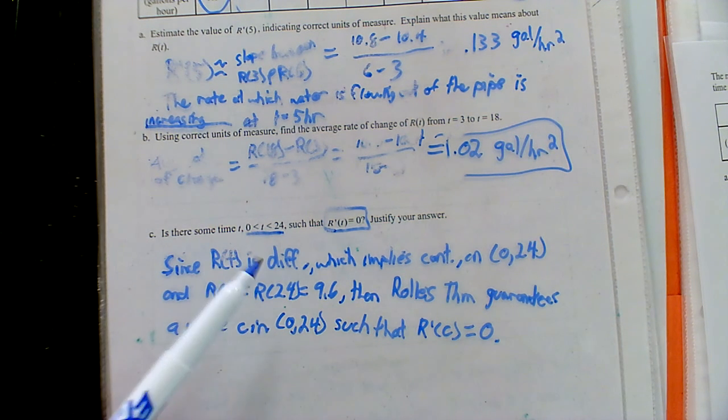We knew it was differentiable, that implied continuity. The endpoints were the same. So by Rolle's theorem, we were guaranteed there was some point where the derivative was equal to 0.